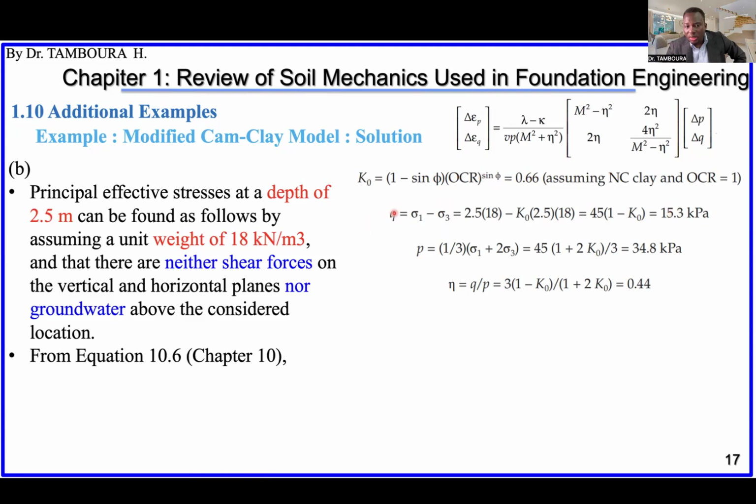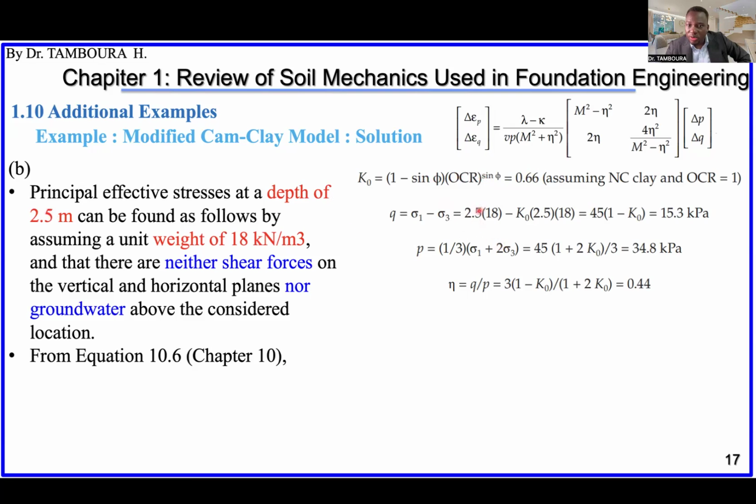So then, as I said, Q, this shear stress, can be obtained as sigma 1 minus sigma 3. The sigma 1 is the vertical stress, which is obtained by using just the weight of the soil above this level. It means the unit weight multiplied by this depth. It's very simple.